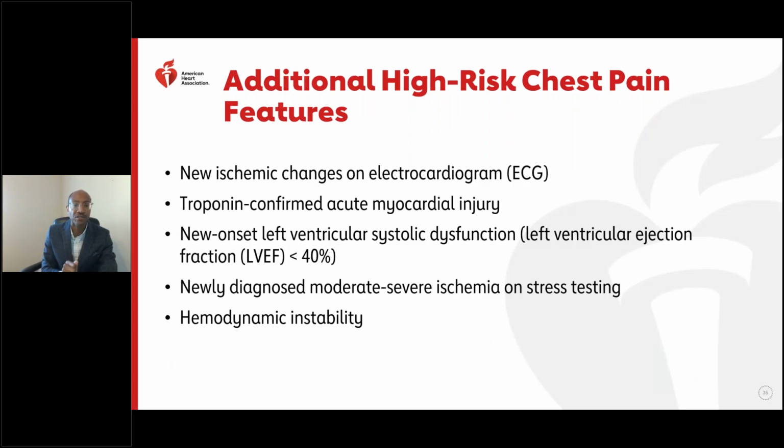So as clinicians, we have to sometimes recognize that even though we may have additional amazing tests and really great evaluations, there are some things that may step outside of our clinical decision pathways that may prompt us to recognize that we're dealing with someone who has really high risk chest pain features, such as really worrisome ischemic changes on ECG, really significant troponins for acute myocardial infarction, particularly a significant rise and/or fall that clinically correlates with one's evaluation, a low ejection fraction, newly diagnosed wall motion abnormality, and of course, a patient presenting with hemodynamic instability.